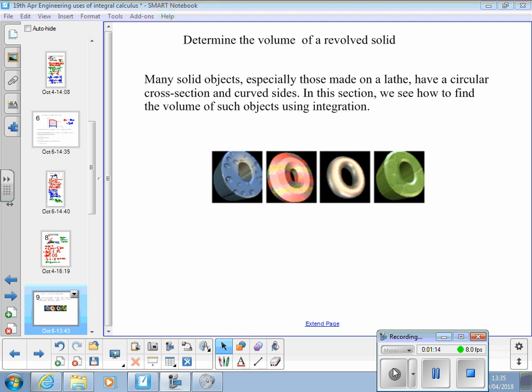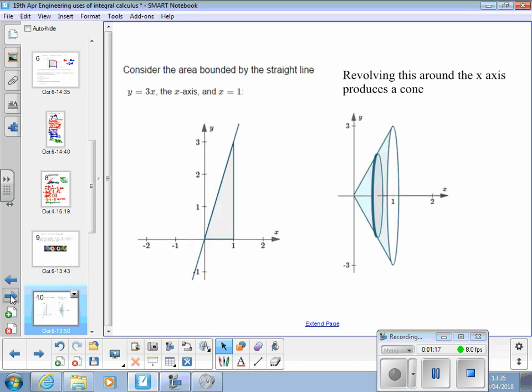So let's take a little look at what we might be doing in simplistic terms.